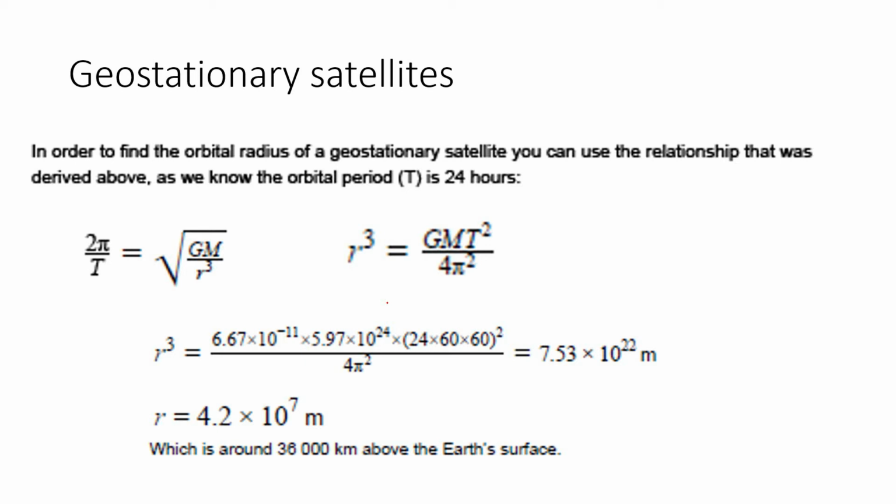It says in order to find the orbital radius of a geostationary satellite, we must come up with an equation. And in order for us to come up with that equation, we have to take this into account.